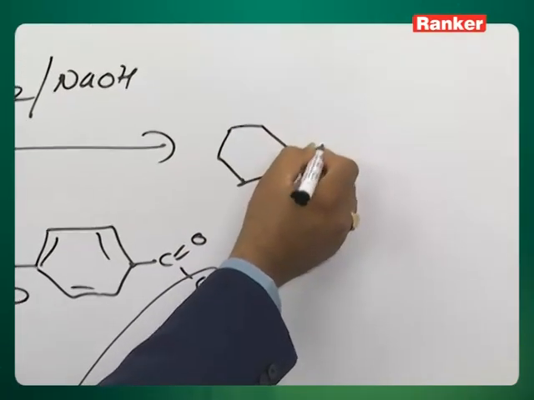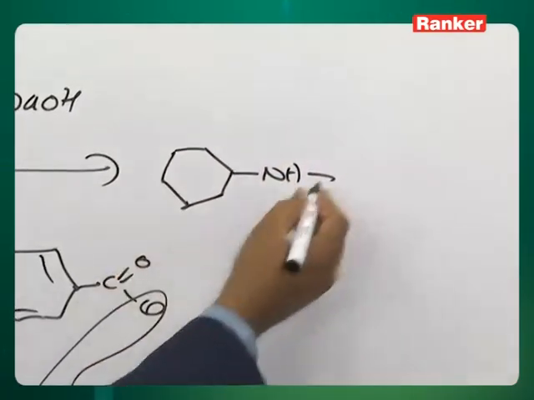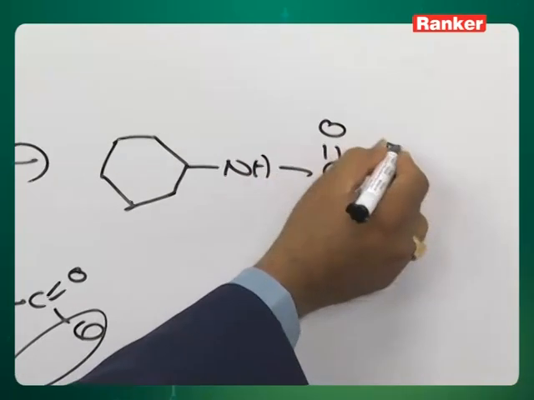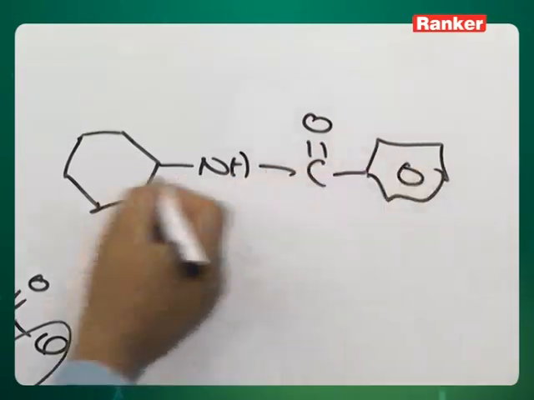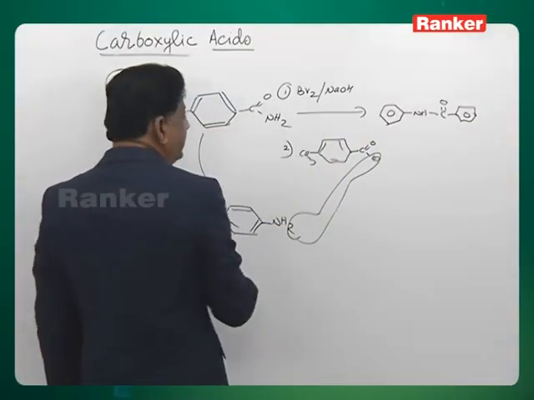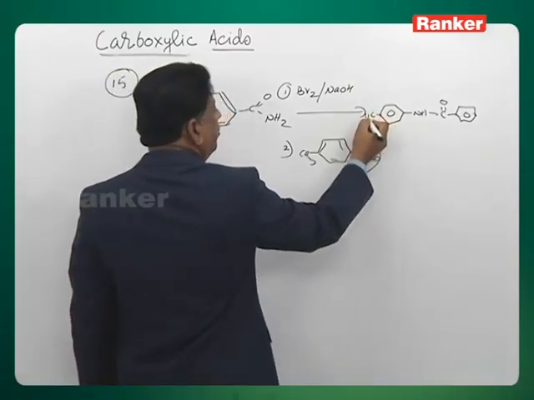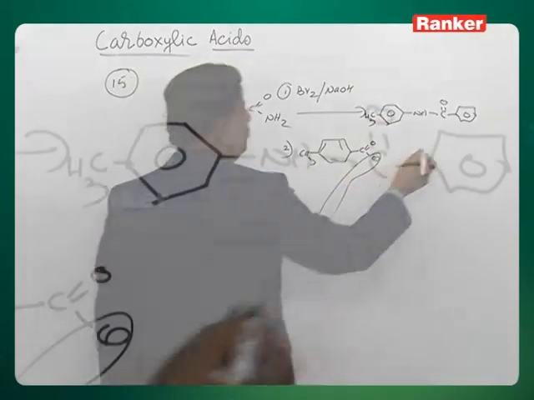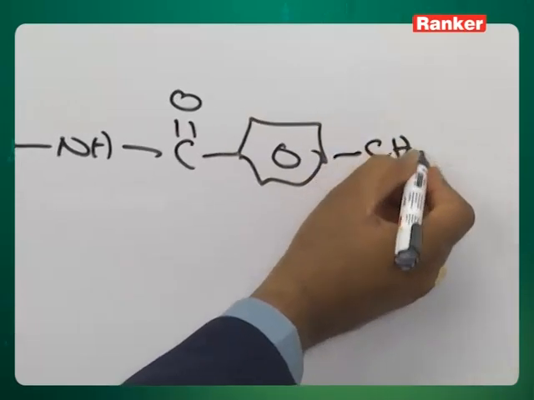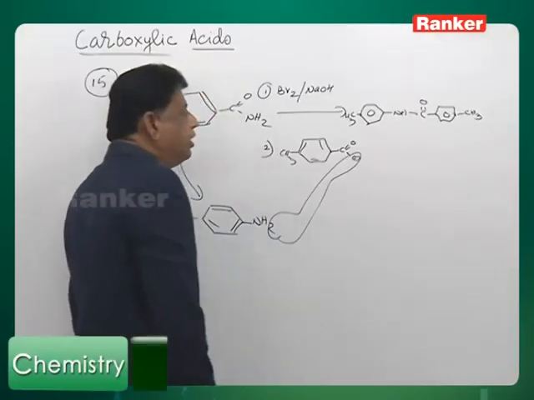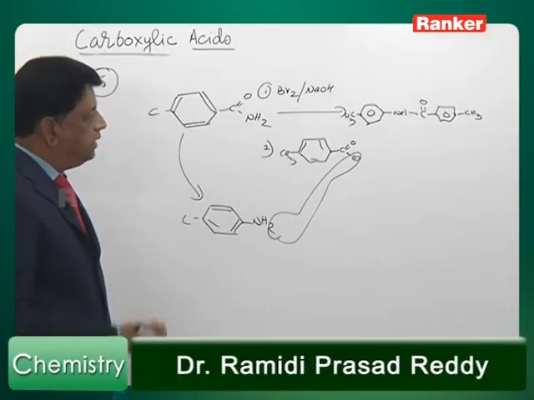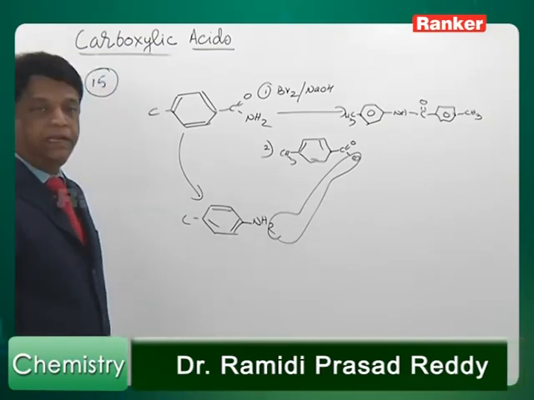A benzene with NH followed by the CO and again a benzene, and in both the benzenes we have a methyl. The amine containing benzene has a methyl, and the benzoyl chloride also has a methyl. So you will get a paramethyl benzanilide, with paramethyl on both sides.